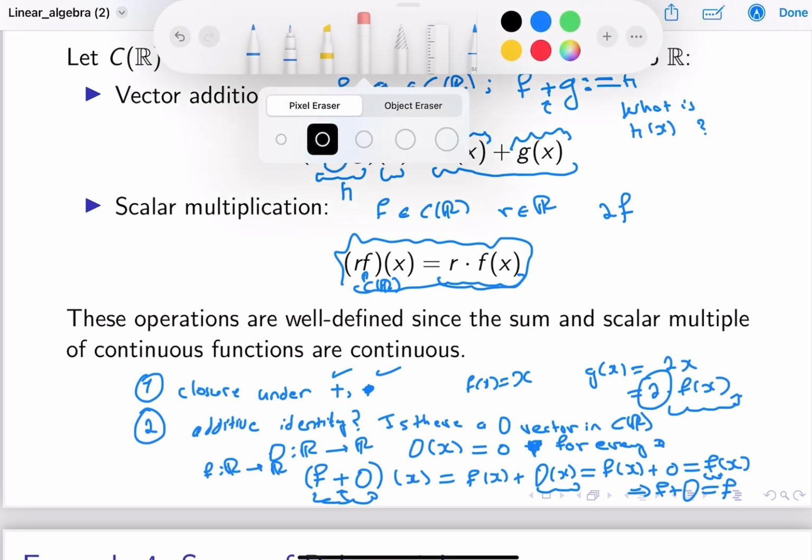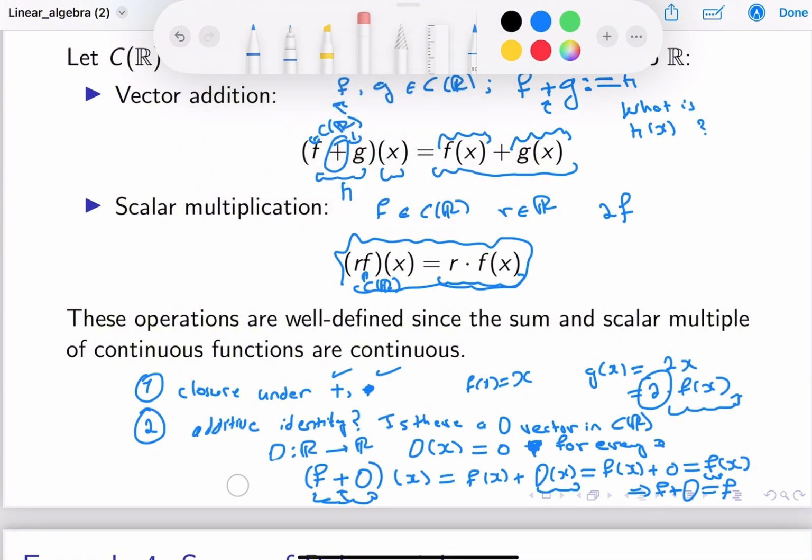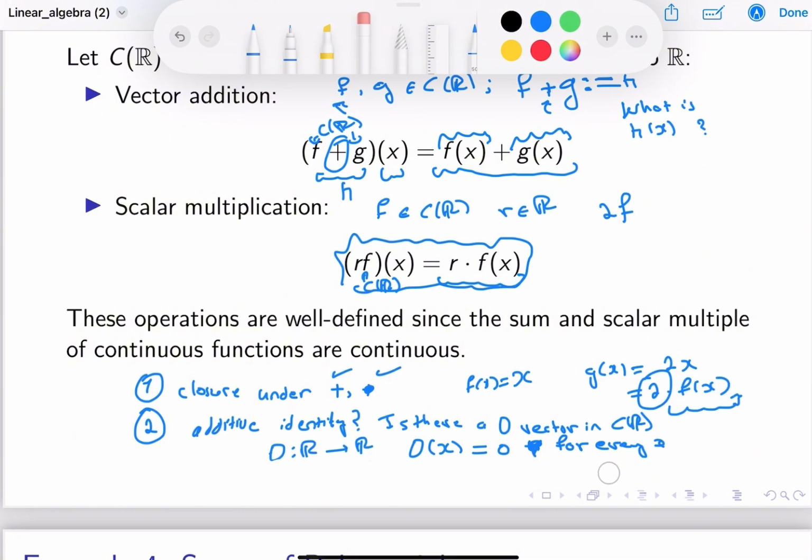So what's the next thing to check? Well, the next thing to check is the property of the existence of inverses. So let us check if that's true. Let me clean these up and we're going to check that. So let's check the additive inverse. How do we check if additive inverses exist?